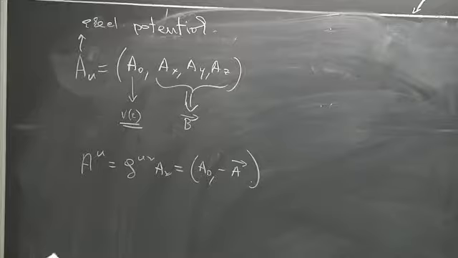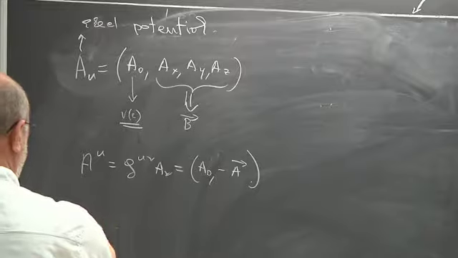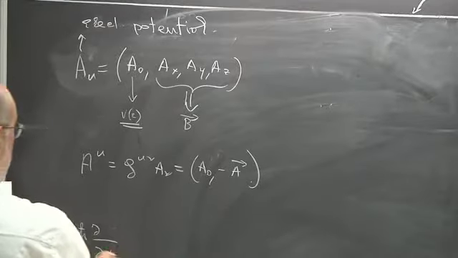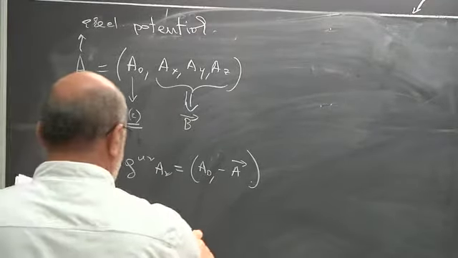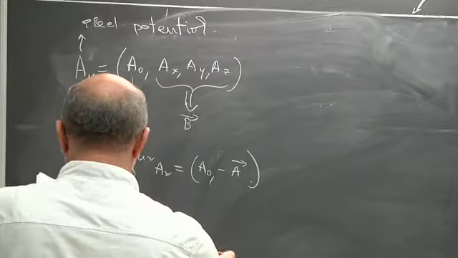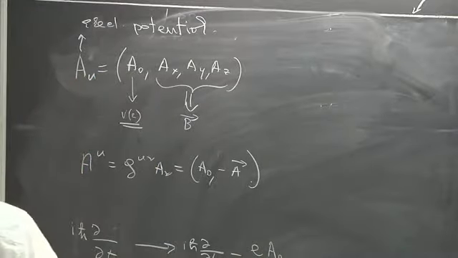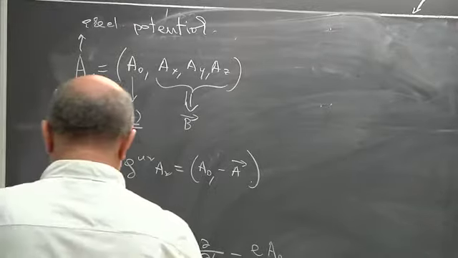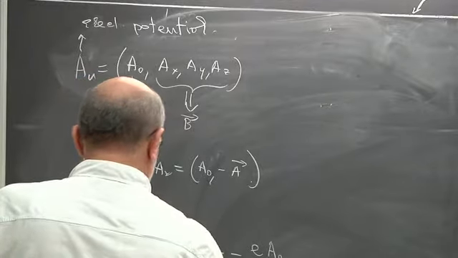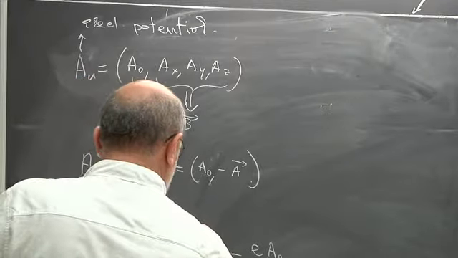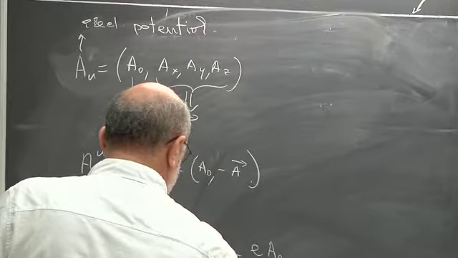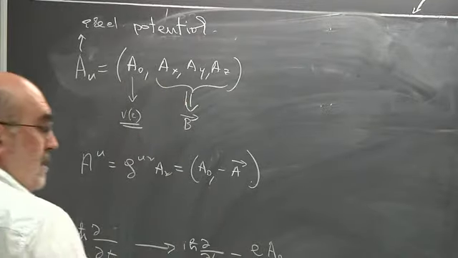Then you replace iħ d/dt with iħ d/dt minus eA0, where e is the charge of the particle, and you replace the momentum operator minus iħ gradient with minus iħ gradient minus (e/c)A.